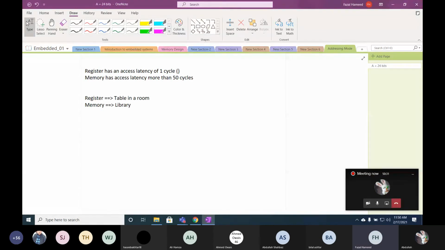If you want to access some book from your table and you want to access your book from the library, which one will have faster access time? रजिस्टर सर. Your table, because you are sitting on your table, and let's assume this book is not found in the table. So what do you have to do?